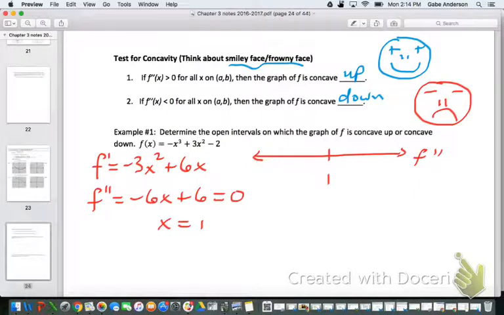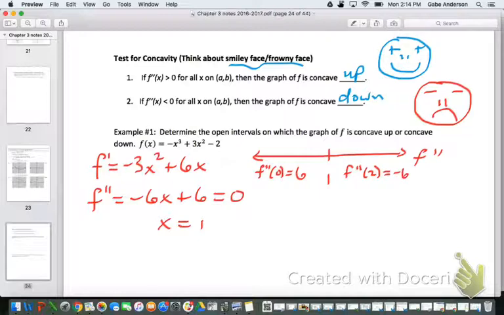And all I really have to do here is test the interval to the left and the interval to the right. So over on the left, I will use 0 as a test value. So I'm going to write f double prime of 0, and that's equal to 6. And then maybe I use a 2 over here. f double prime of 2 is equal to negative 6.